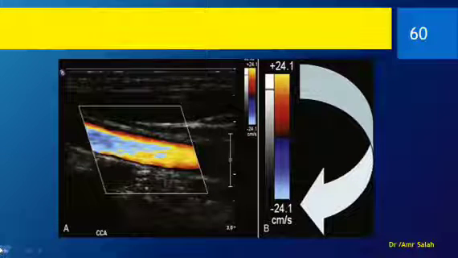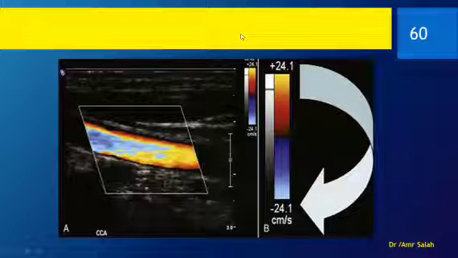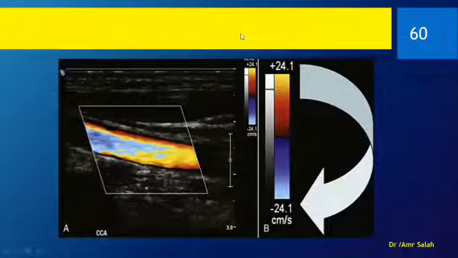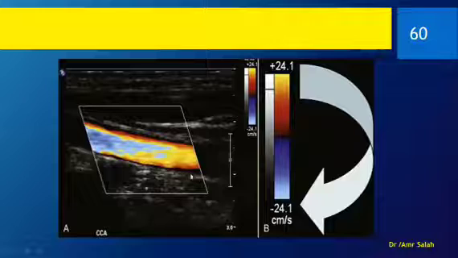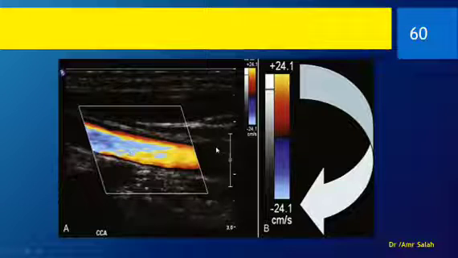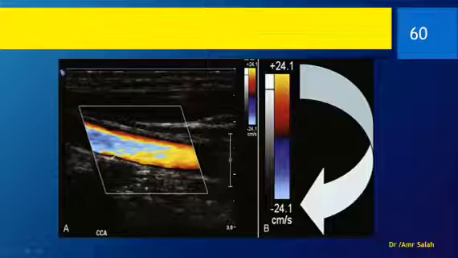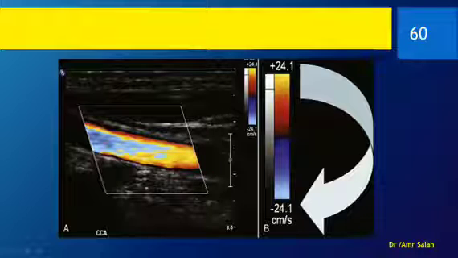Now here, so again here we have aliasing inside the blood vessel. So that will tell us that here this aliasing inside the vessel is related to what?